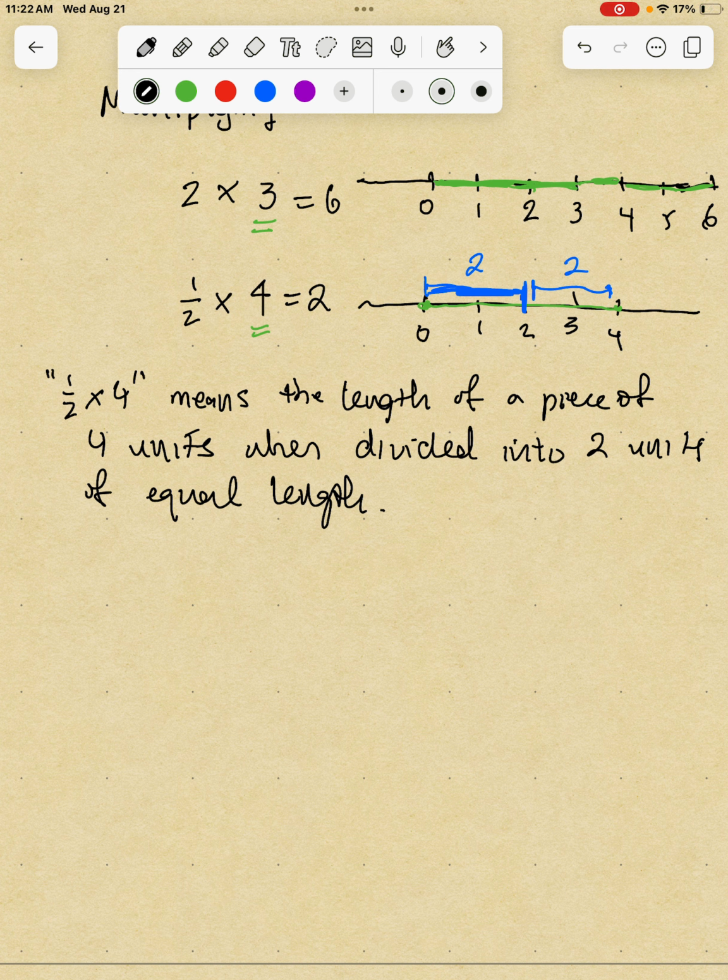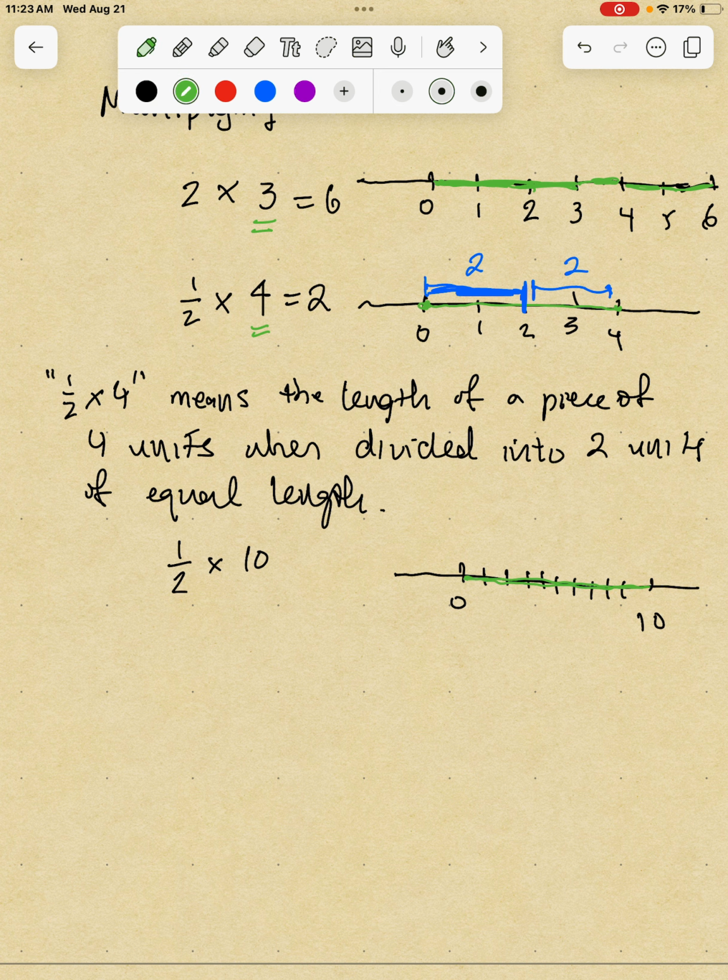And another example is, let's look at 1/2 times 10. Well, again, what this means is I have a number line 0 to 10. And okay, I could draw the tick marks. 1, 2, 3, 4, 5, 6, 7, 8, 9, and 10. I have this line segment of length 10, and I divide it into 2 pieces of equal length.